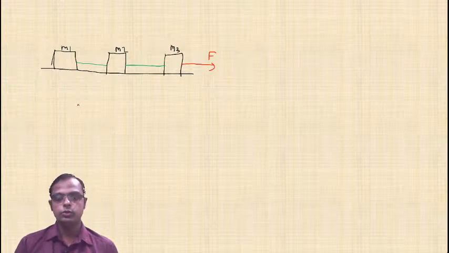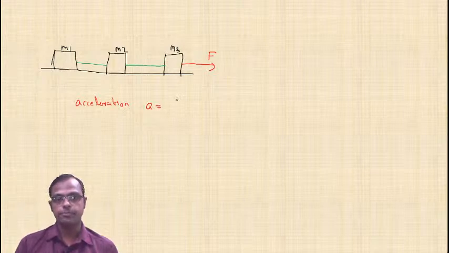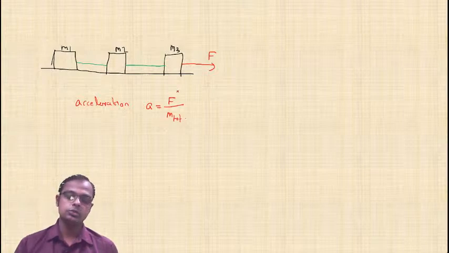So once again, what is the common acceleration? The common acceleration A is equal to, same formula once again, F by M, F divided by total mass.